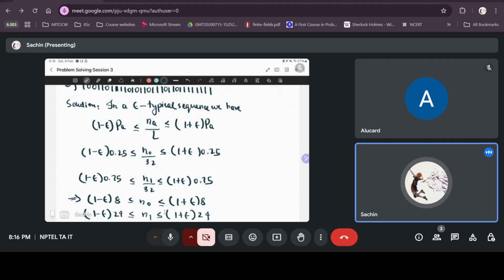If epsilon is 0.1, say you would have 0.9 into 8, which is 7.2, and 1.1 into 8, which is 8.8. If it's a little less than 0.1, then you would have between 7 and 9. So for very small values of epsilon, it should be exactly 8. For relatively small values, around 0.1, it should be between 7 and 9.